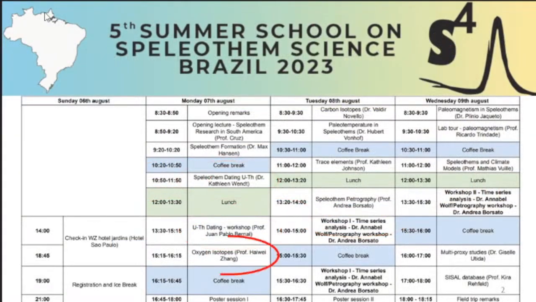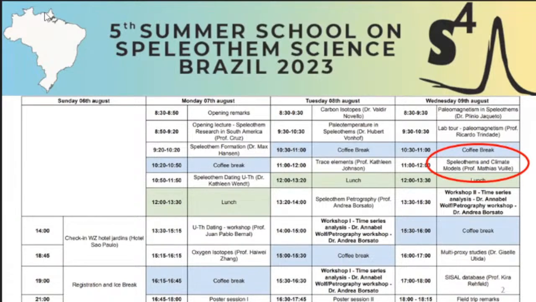We also talked about oxygen isotopes and carbon isotopes, paleotemperature, a new proxy, trace elements with petrography, and finally today magnetism, that is also something new in the field of speleothems. And finally Matthias introduced us to how to use models related to our data.